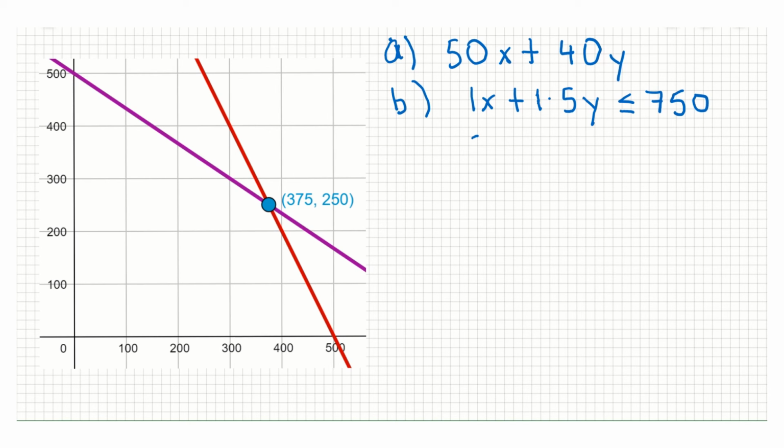This one is for the polyester, so 2 meters squared for the pants, plus 1 meter squared for the jackets. That has to be less than or equal to 1,000 meters squared, because that's how much polyester he has.